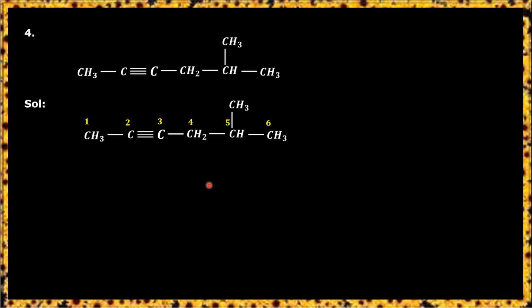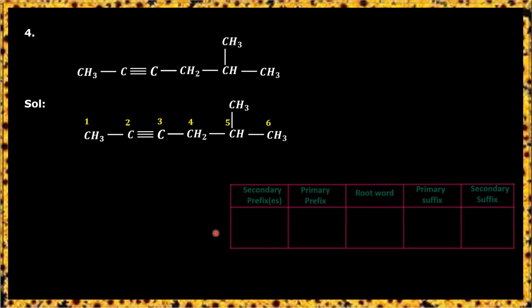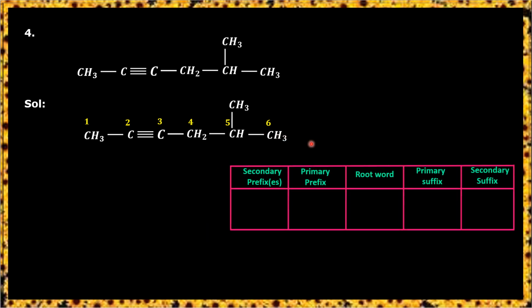Because multiple bonds, that is triple or double bonds, are given priority over substituents. Okay. Now the root word is hex. Primary suffix: it contains a triple bond, triple bond means yn. Secondary suffix e, and one substituent is there, secondary prefix, that is methyl group.